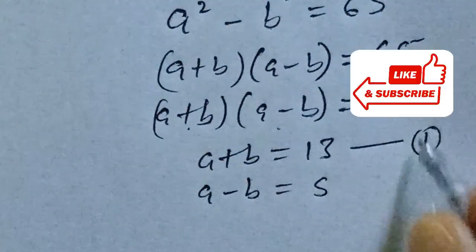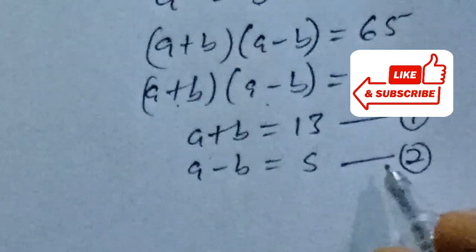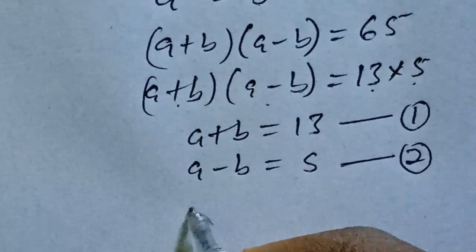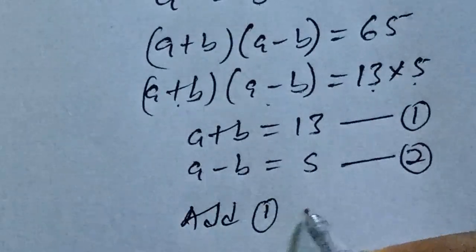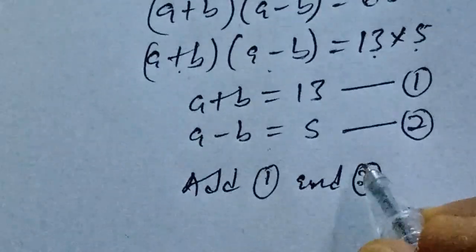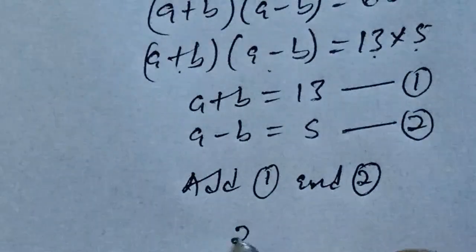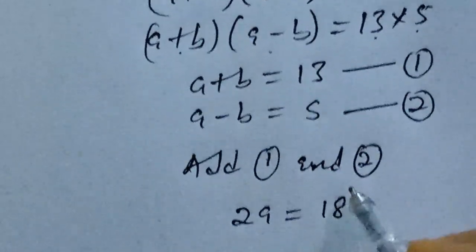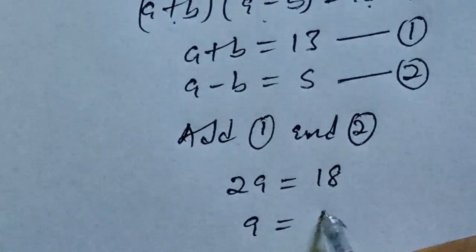This will be equation 1 and this will be equation 2. Now from here, we first of all add equation 1 and 2. If we add these two together, we have 2a equal to 18. Then a will be equal to 9.